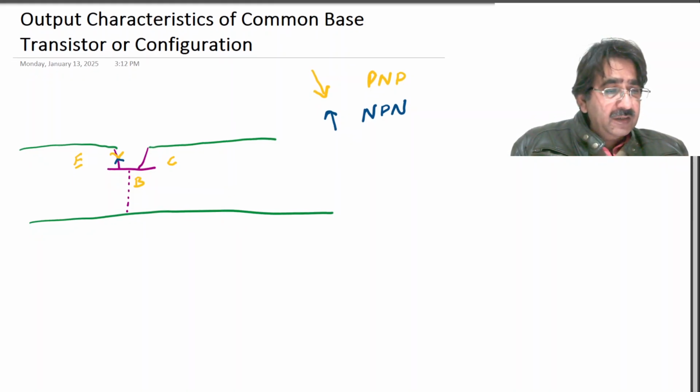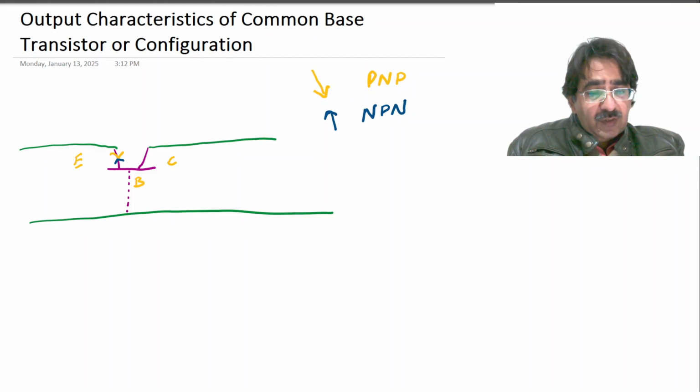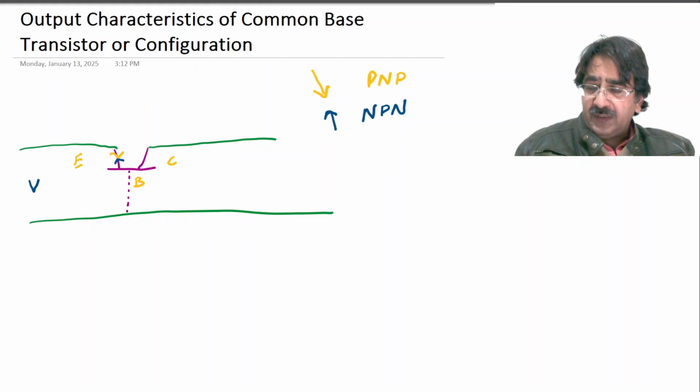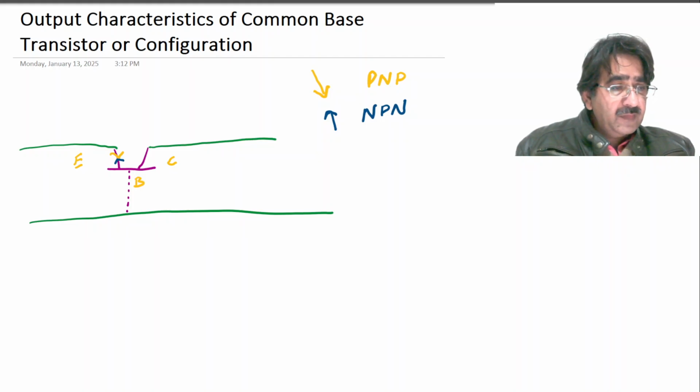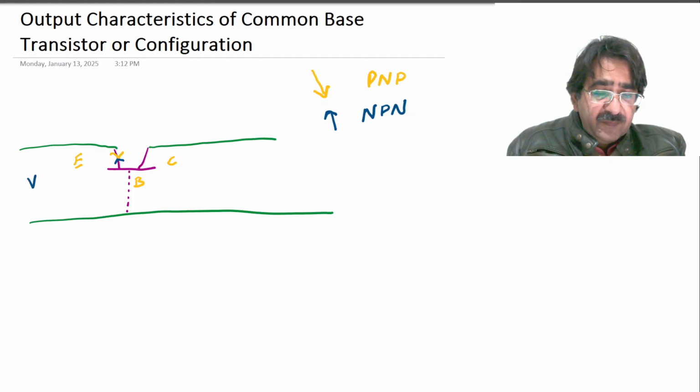in a PNP transistor, the emitter will be at high voltage and the base will be low. The emitter-base voltage, V_EB, is the forward bias for PNP.